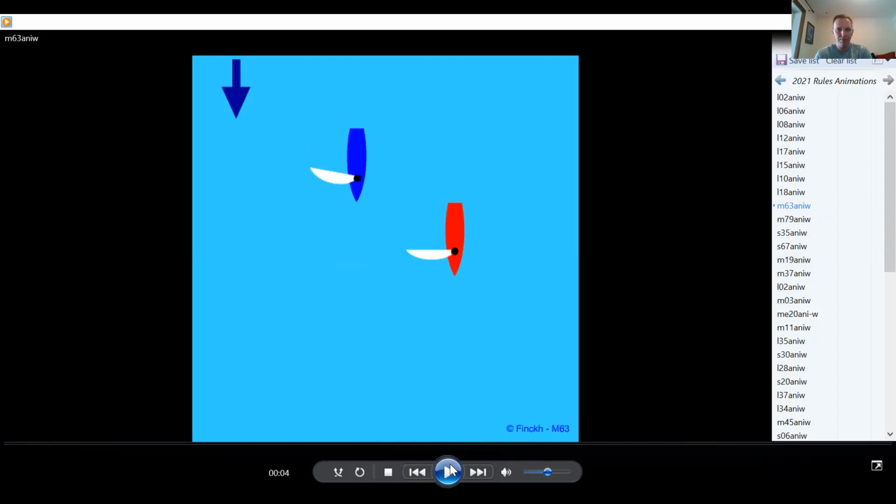Let me just annotate that. Red can keep sailing her proper course, meaning straight to the buoy, or maybe to a puff or something like that. And blue cannot. Blue has right of way over red because they're both on the same tack. They're both on port, but blue is to leeward of red, so blue cannot force red up.